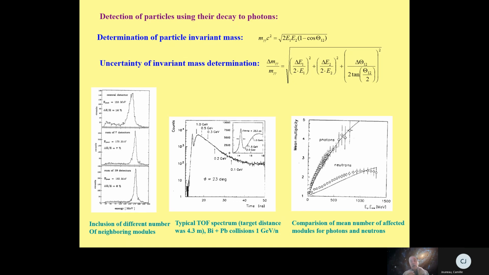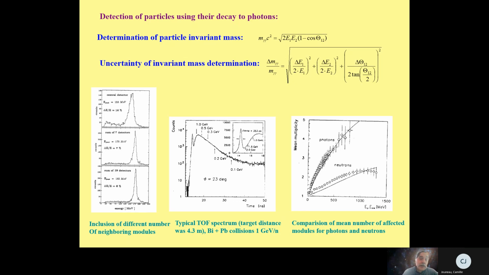You put before the scintillation detector for gamma some very thin plastic scintillator which detects the charged particle, and you will distinguish between charged and neutral.